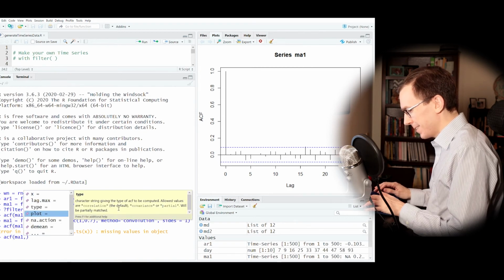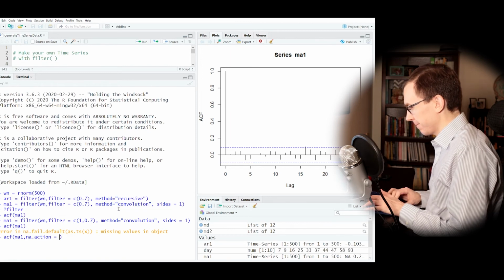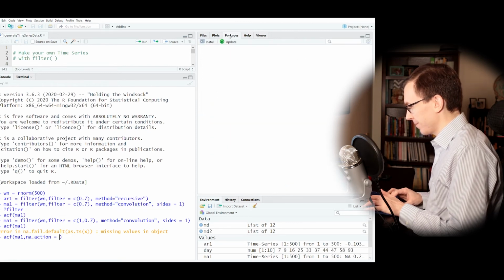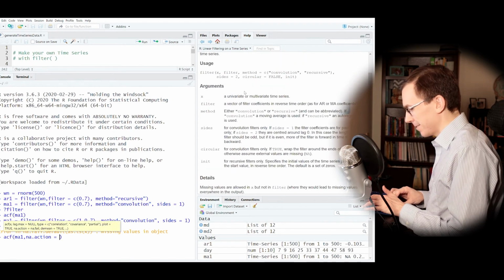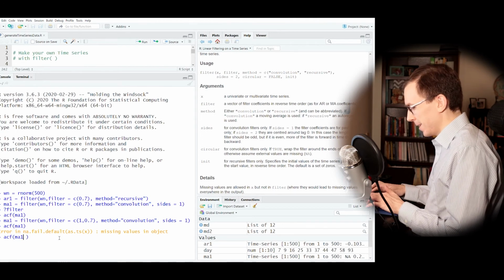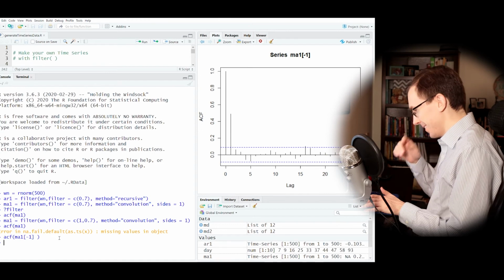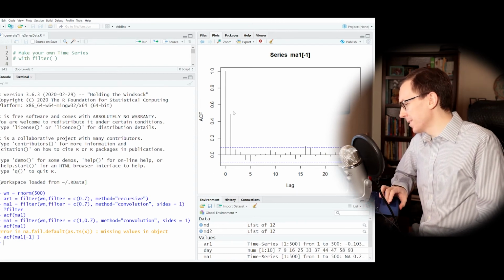That's sort of the whole point. Okay, NA. We'll just get rid of the first value. There it is, okay. All right, so we got kind of what we want.